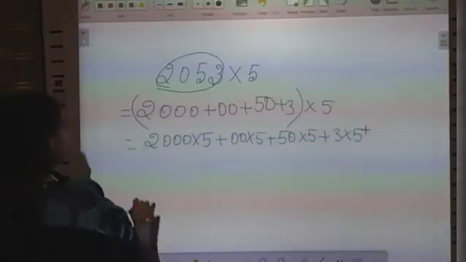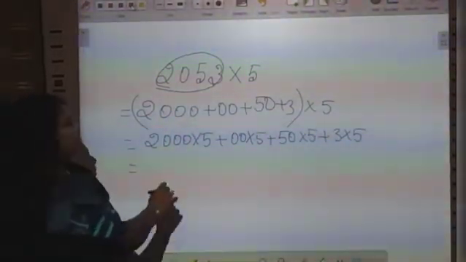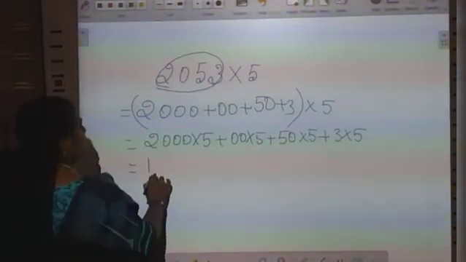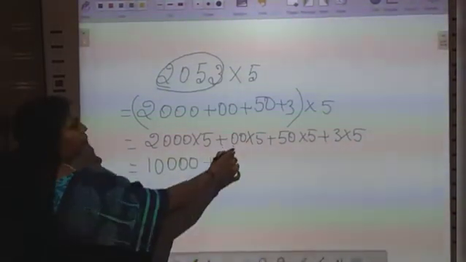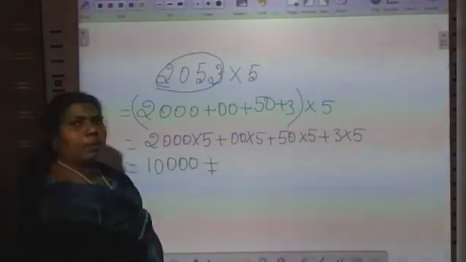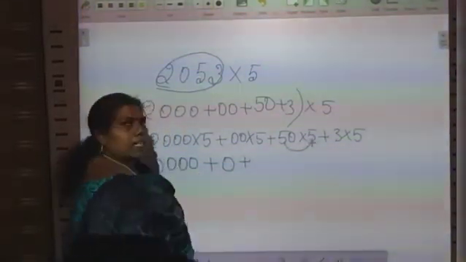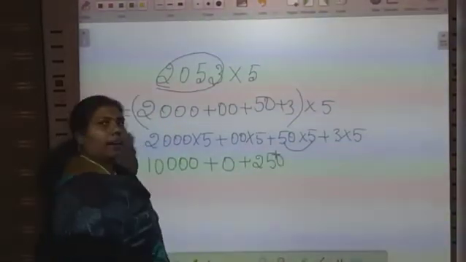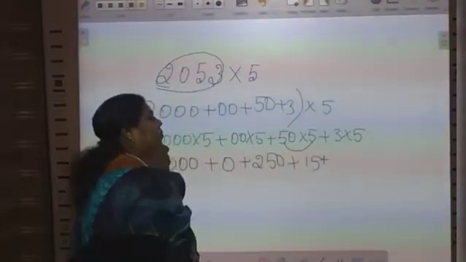Now we multiply. 2,000 into 5: 5 times 2 is 10, then the remaining 3 zeros, so 10,000. Plus 0 into 5, any number multiplied by 0 is 0. Plus 5 times 5 is 25, so 250. Plus 3 times 5 is 15.